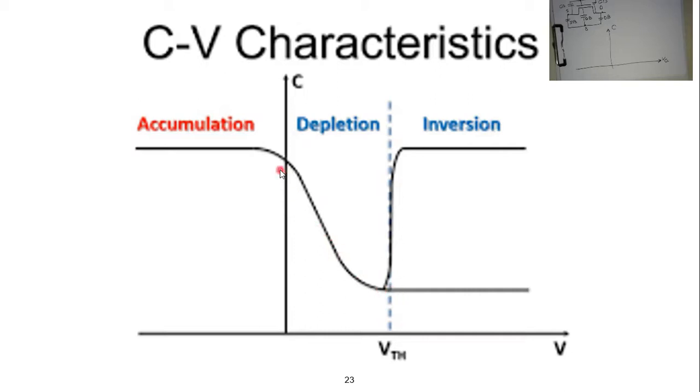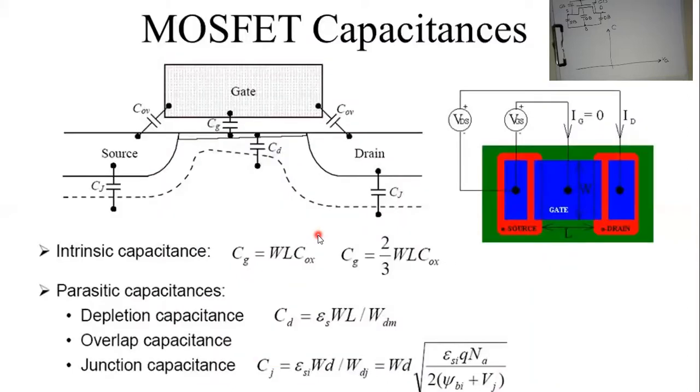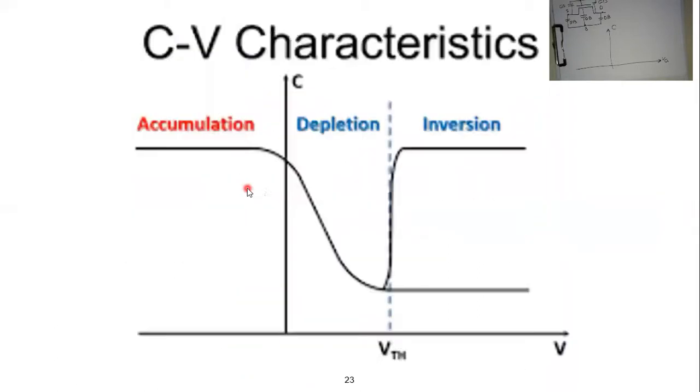Okay, then after reaching the inversion, we have two cases, my dear students. The first case, when there is no voltage applied to the drain. So simply what will happen is this will continue, so the overall capacitance here is the depletion capacitance in series with the gate capacitance.